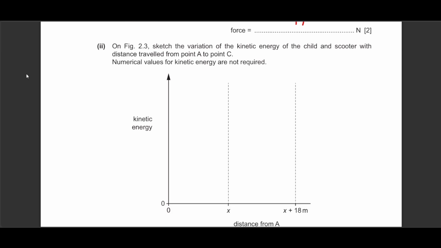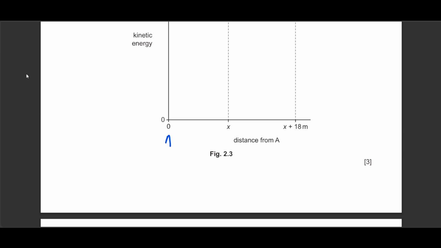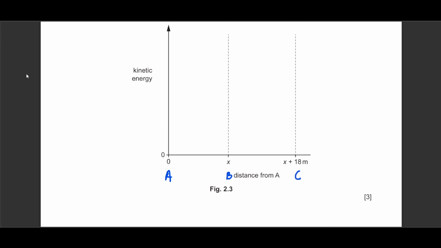On figure 2.3, sketch, because we're going to make an estimate, that's why it's a sketch, the variation of the kinetic energy of the scooter with distance traveled from A to C. You see, this is point A, this is point B, and this is point C. The first question you should ask yourself is, are we going to start the graph from the origin? Actually, we can't.